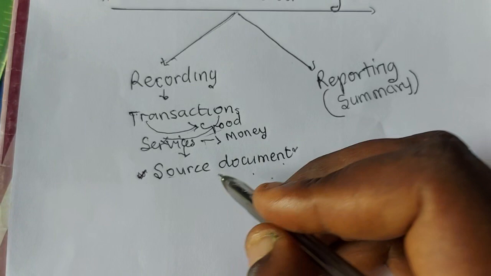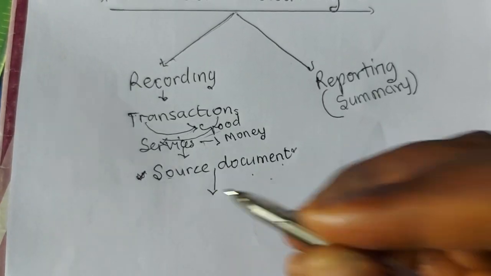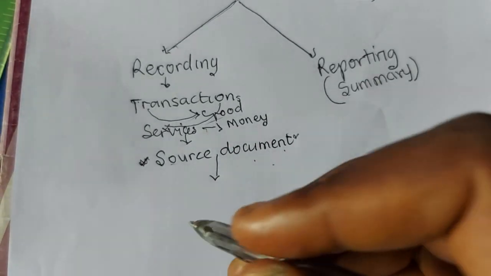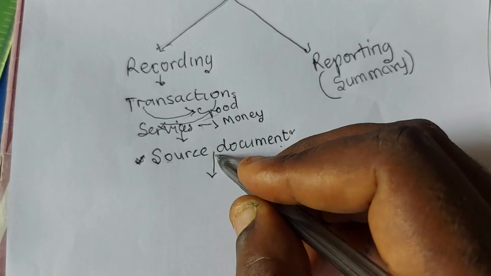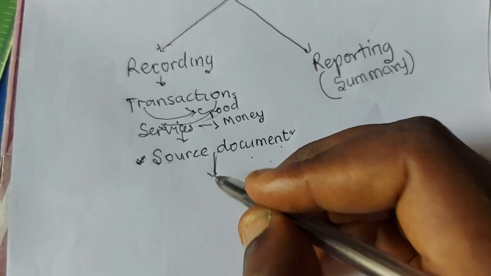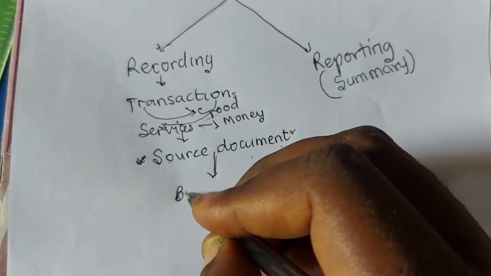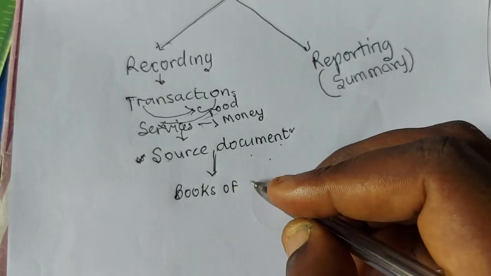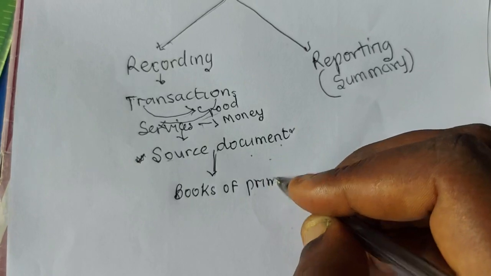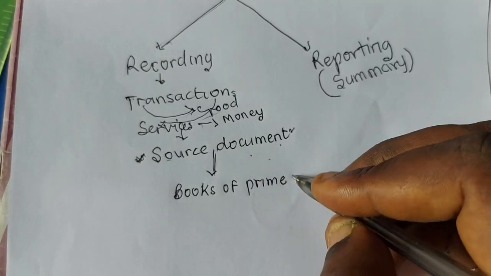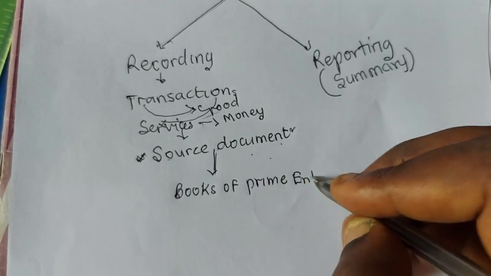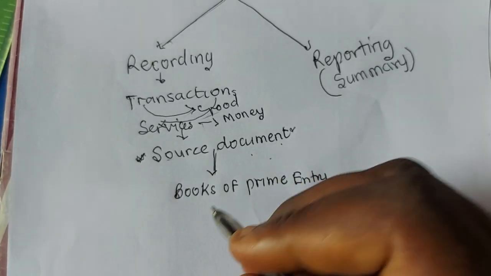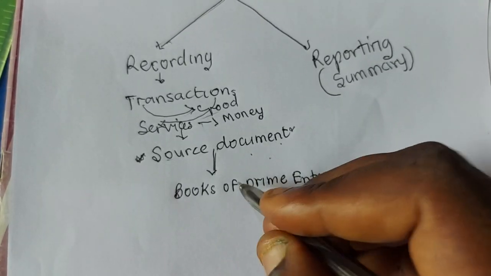From the source documents, the bookkeeper or the accountant transfers this information into books of prime entries, or what we call books of original entry.